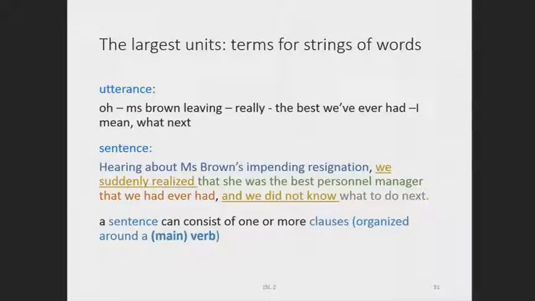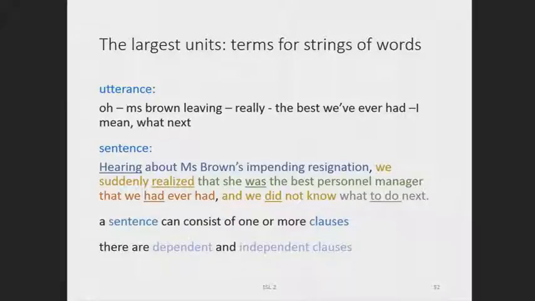Now, let's look at the different verbs, especially in the dependent clauses, in the subordinate clauses. What is the difference between like hearing and to do, and then on the other hand, realize, was, had, did?